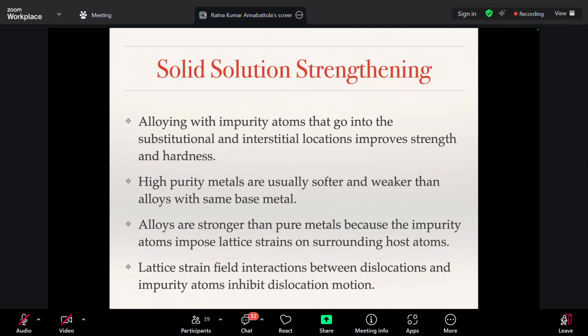When we talk about mechanical properties, you first measure the yield strength of the material. Then after yielding, plastic deformation gets initiated. You need to apply a larger force to continue further deformation in the material.